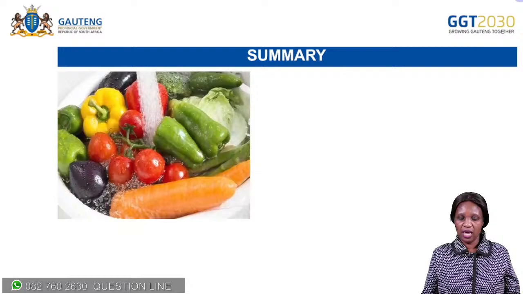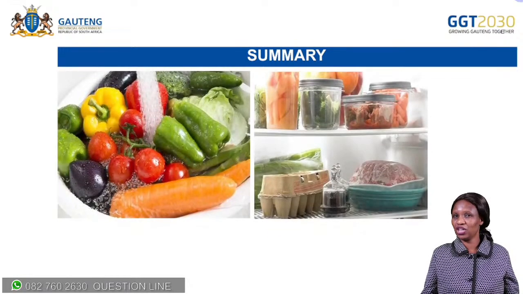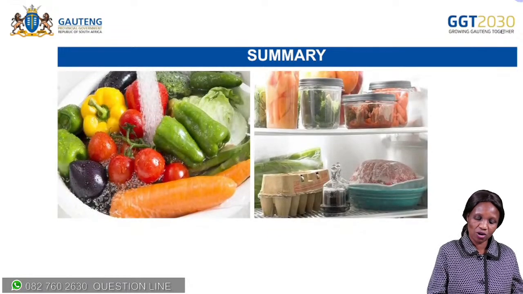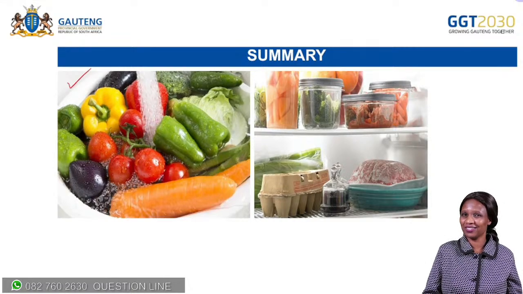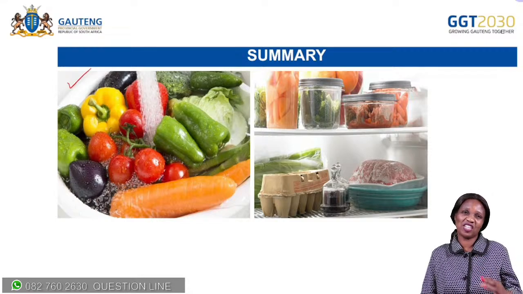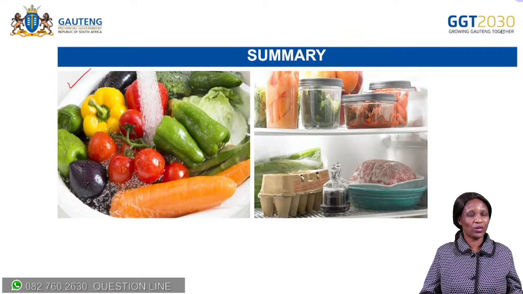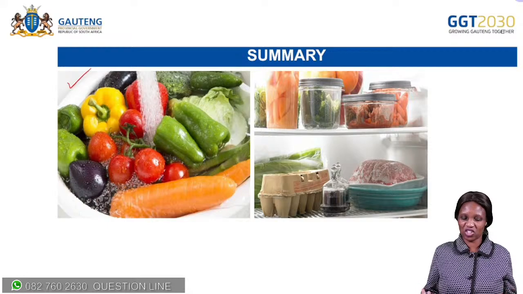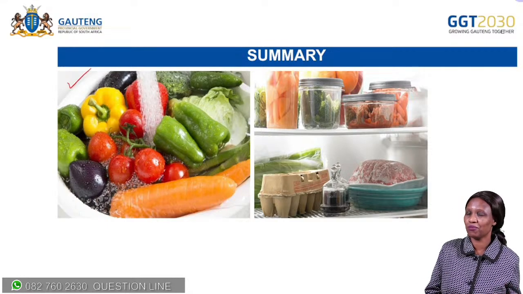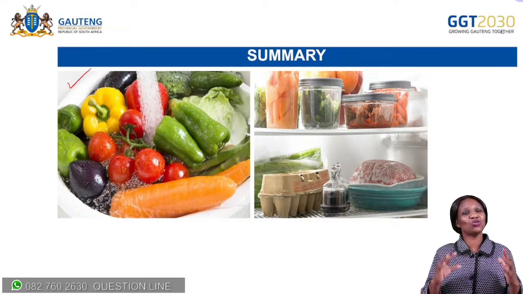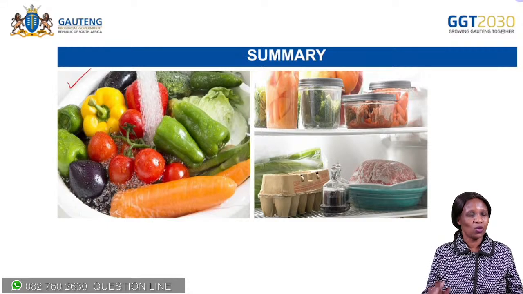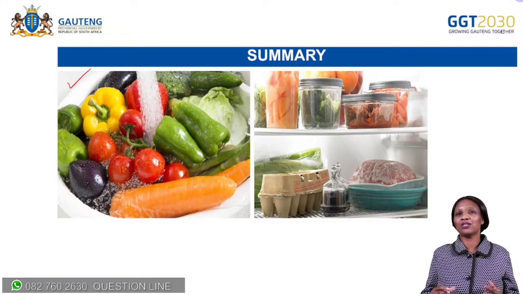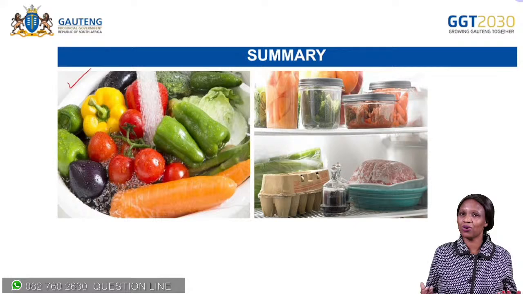And then we've got a chart of nice vegetables. Very delicious. We eat those vegetables raw. We can make salads using those vegetables. But what are we supposed to do? We need to thoroughly wash the vegetables so that we get rid of different microorganisms.